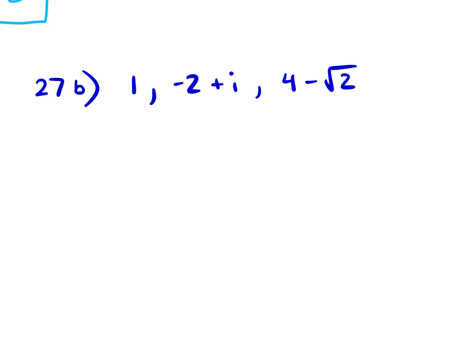Am I missing any zeros here? What? -2 minus i. Awesome. The real part stays the same, so it should be -2 minus i, and what else? 4 plus square root 2. Perfect. So we have 5 zeros here. If you have a question like this, the directions will probably say, leave in factored form.